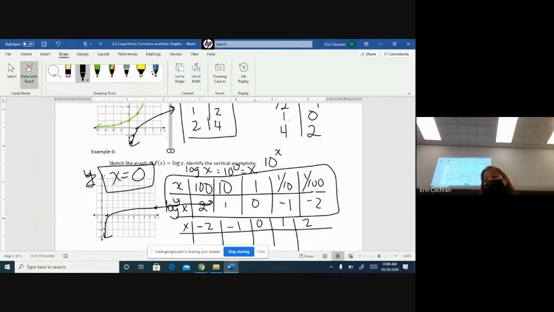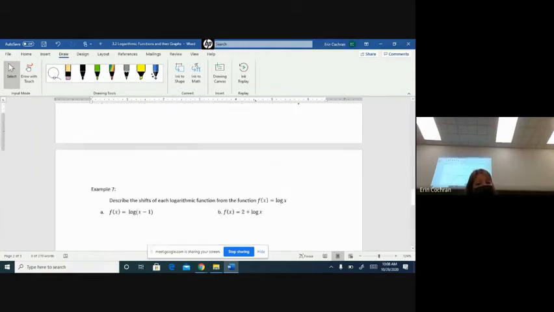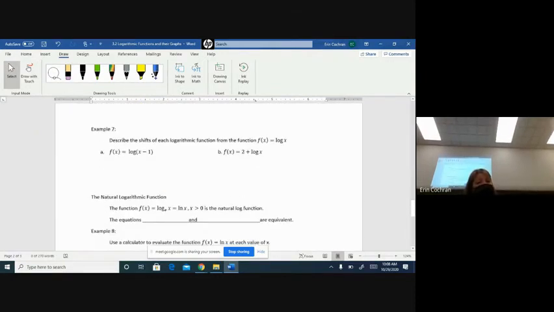Any questions with that? Okay. Now, describe the shifts. Do you think my shifts are going to change from quadratics? No. If it's inside the parenthesis, that always shifted it left or right, and it was always its opposite.